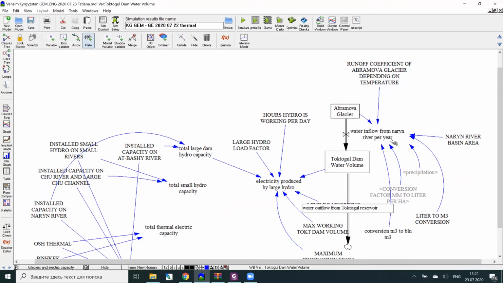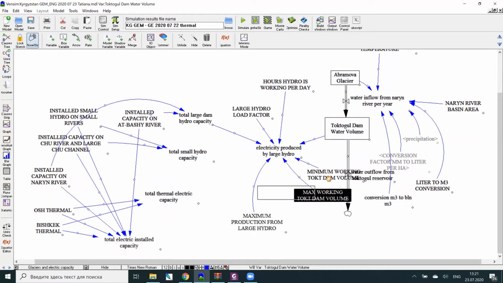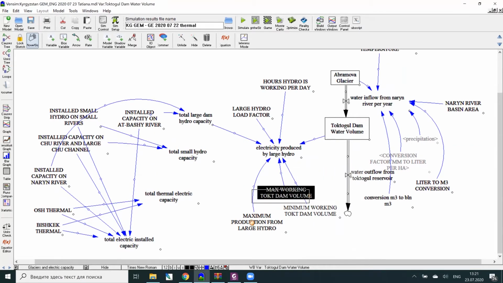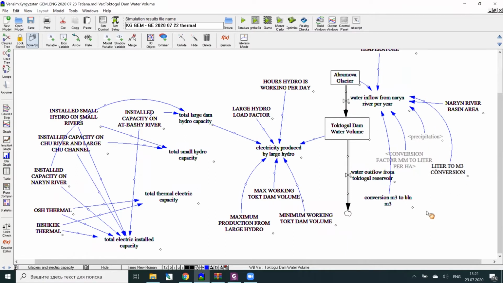Or it could be done differently, to say that the outflow is a percentage of the stock, meaning that if you have little water, nothing goes out until you have filled up the reservoir up to a certain point, okay? But of course, when the reservoir is full, then the behavior will be more or less the same. So what do you think would be the best approach in this case?